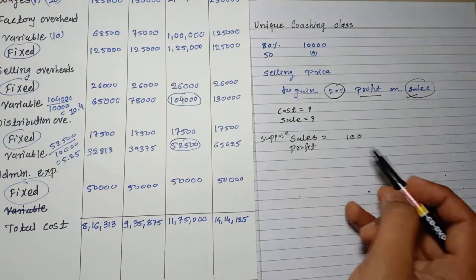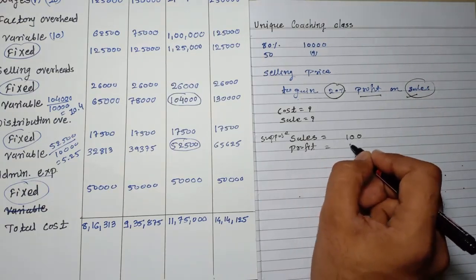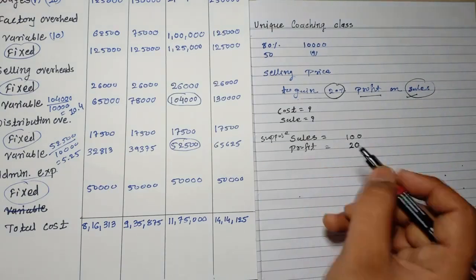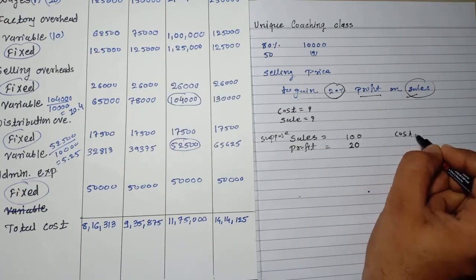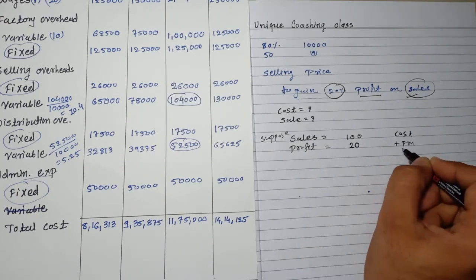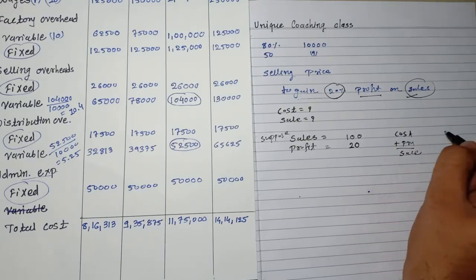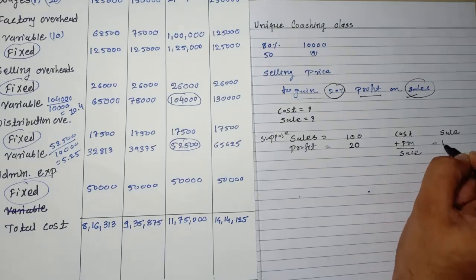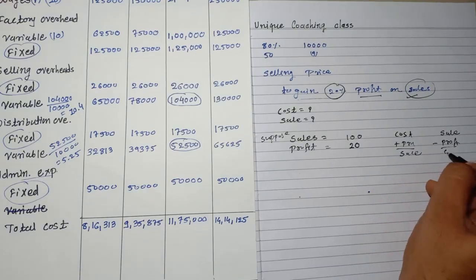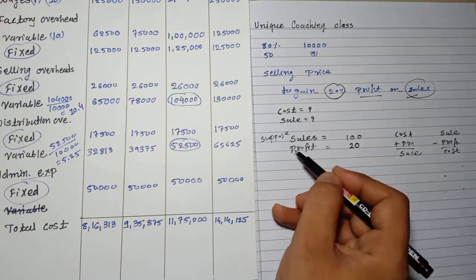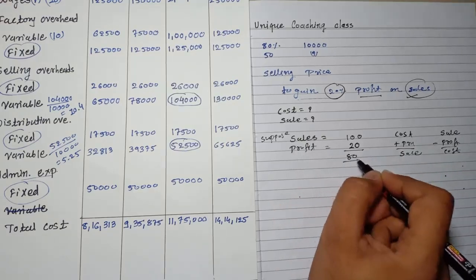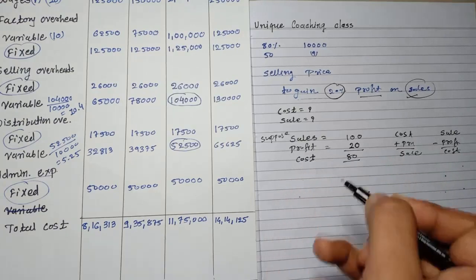Suppose sell 100, then profit is 20% of 100, it will be 20 profit. And remember, cost plus profit is equal to sell, and sell minus profit is equal to cost. So here sell minus profit, so it will be cost 80%.